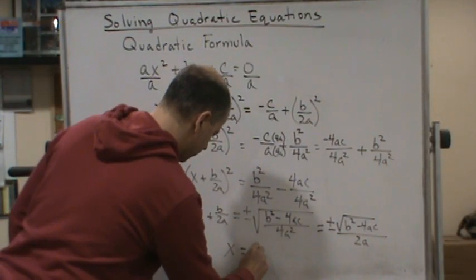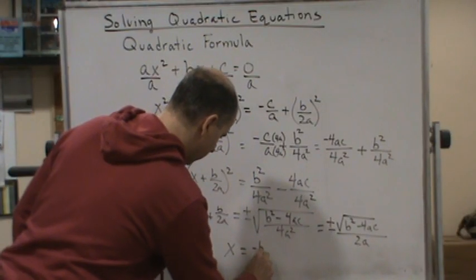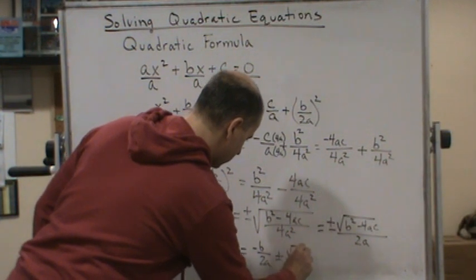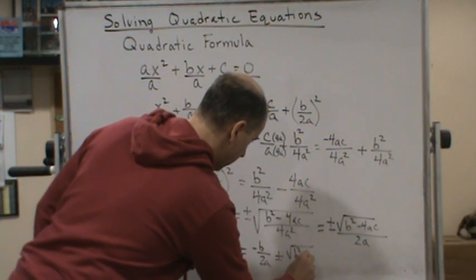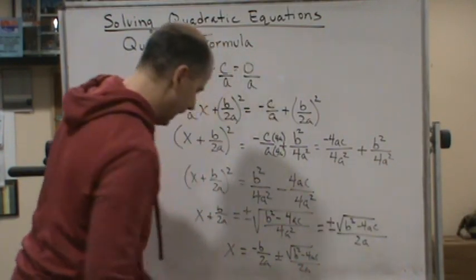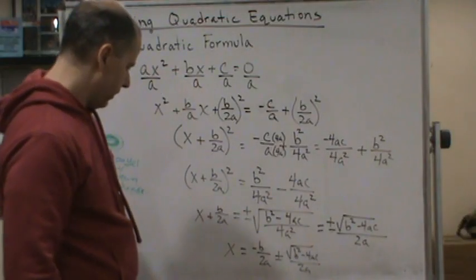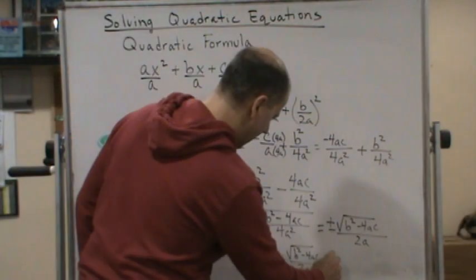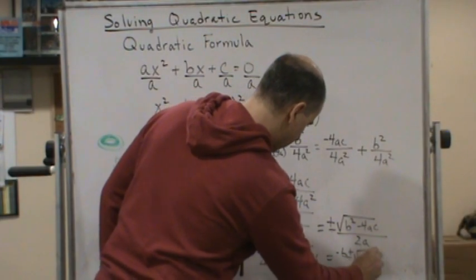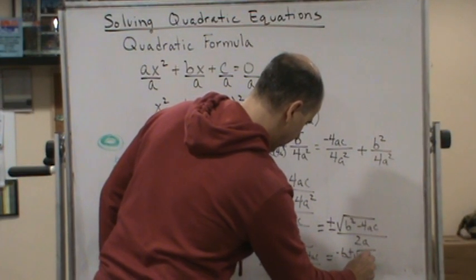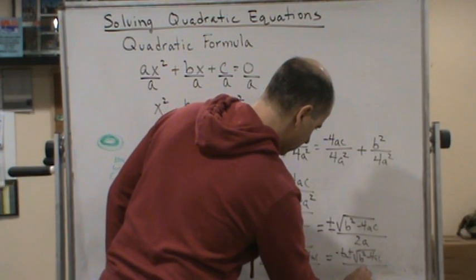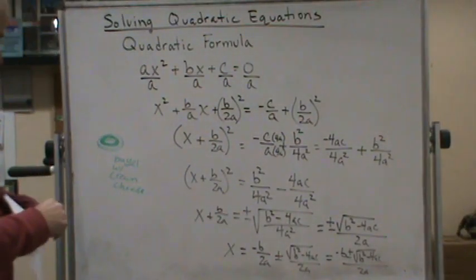So x equals negative b over 2a plus or minus the square root of b squared minus 4ac all over 2a. And now I can combine the fractions because I've got a common denominator, and I get negative b plus or minus the square root of b squared minus 4ac all over 2a, and that is the quadratic formula.